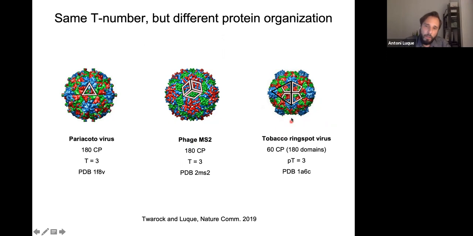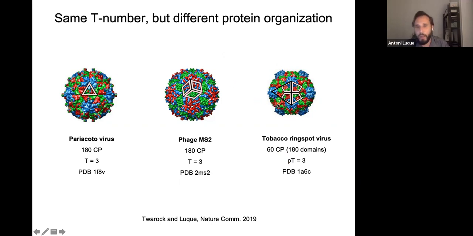This case is a little bit more peculiar. It's a virus that infects plants, and it was classified as a pseudo T3, and this is the effort of fitting capsids into the framework that was going beyond. So the reason it was called pseudo is because it had 60 proteins, but the proteins had 3 domains, and these 3 domains actually look like the individual proteins that you had in pariacoto virus.